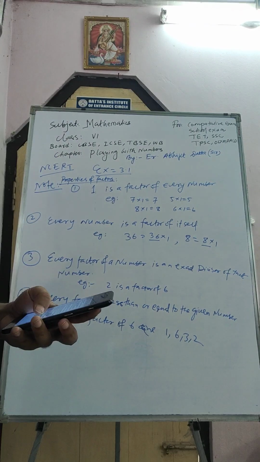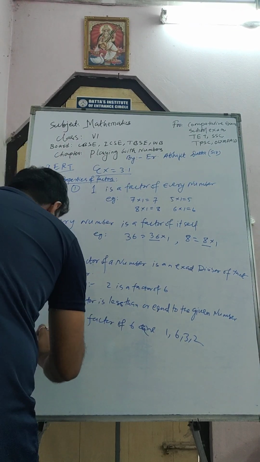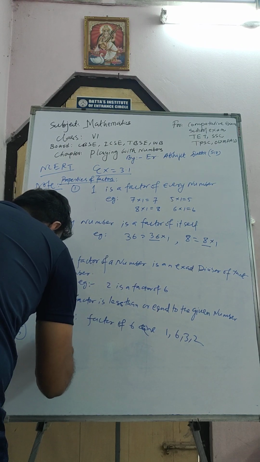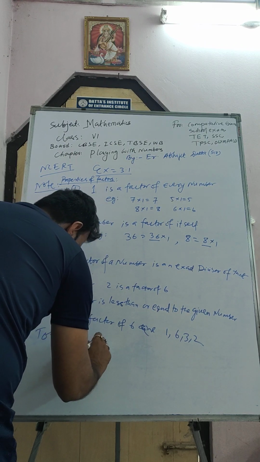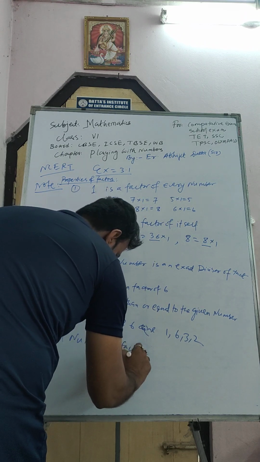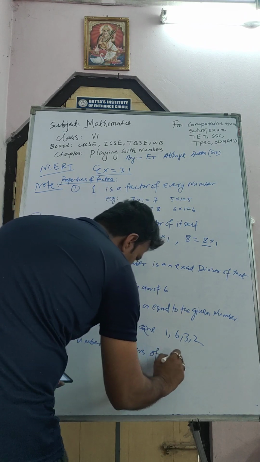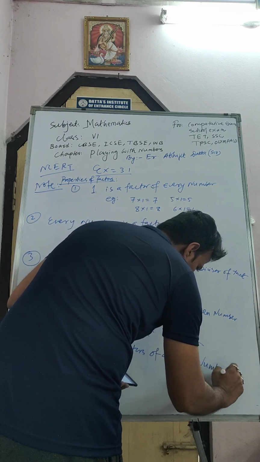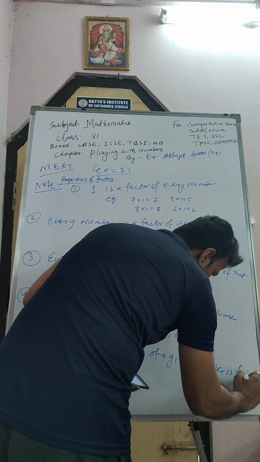Okay, next, factor property number 5. The total number of factors of a given number is finite. Finite means countable.